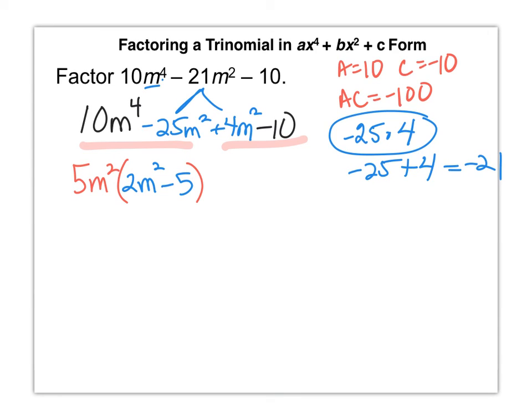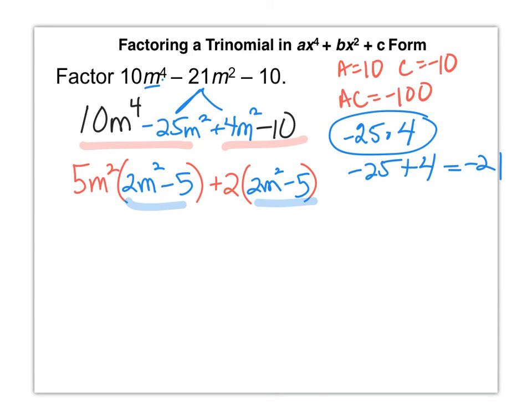Looking at the last group, the common factor here is a plus 2. And when you factor out the 2, dividing out the 2, 4m squared divided by 2 is 2m squared, and minus 10 divided by 2 is minus 5. Now you can see the larger groups here both have that same common factor of 2m squared minus 5.